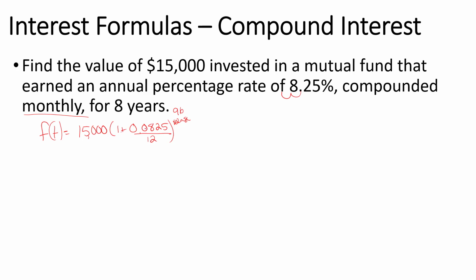So it's not like we have a rate that is super large. So f of 8 years is going to be equal to $28,956.42.